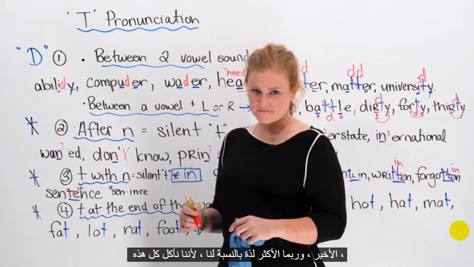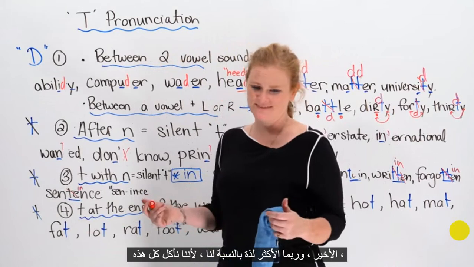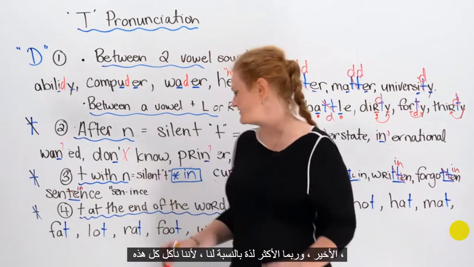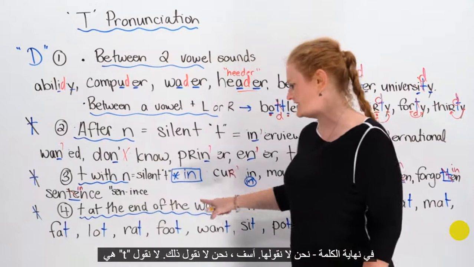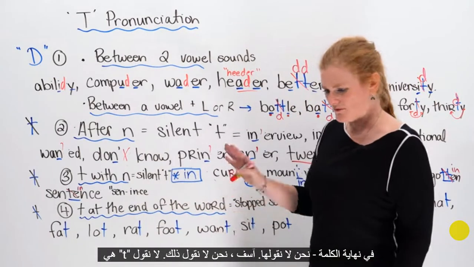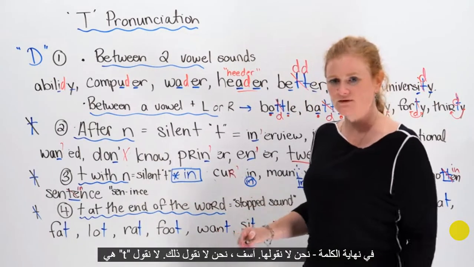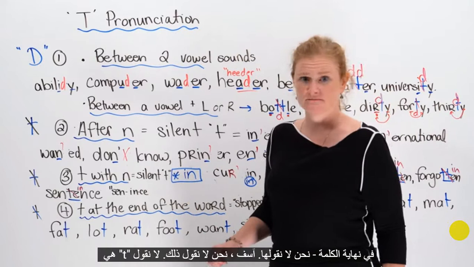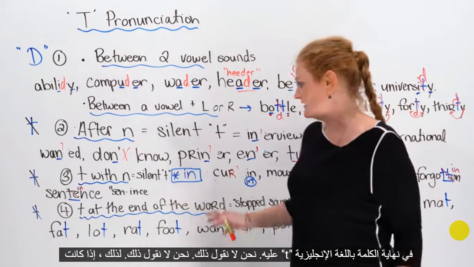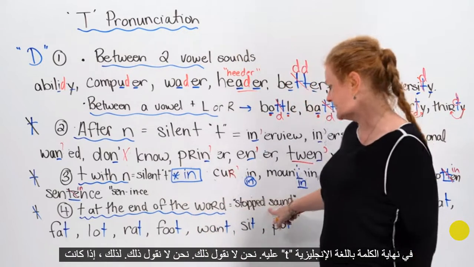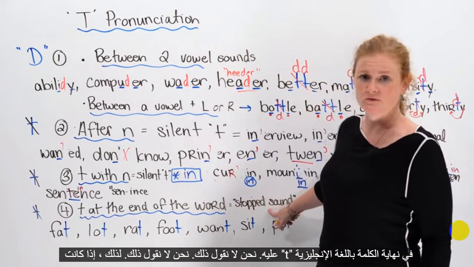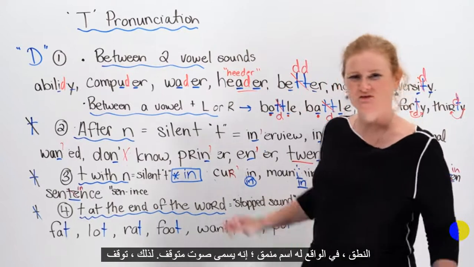The last one, and maybe the most delicious for us, because we're eating all of these, is the T at the end of the word. We don't say it. So if your T is at the end of the word in English pronunciation, it actually has a fancy name.